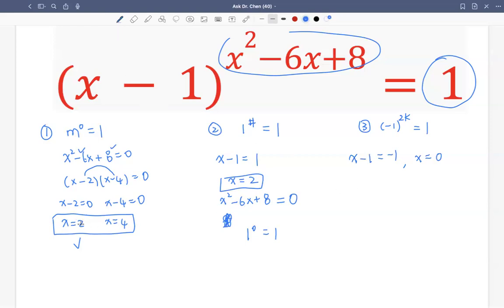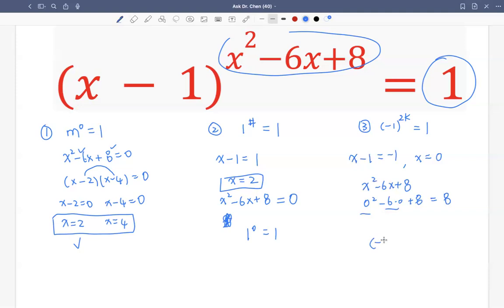But we know from the first case, when x equals 0, the exponent won't be 0. When x equals 0, x squared minus 6x plus 8 will be 8. 0 squared minus 6 times 0 plus 8: the first two terms will be 0, so that equals 8.